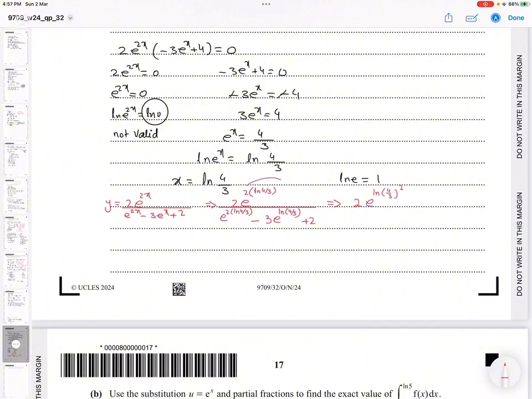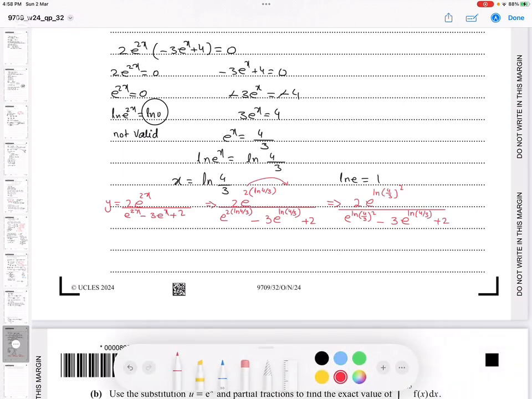This 2 will go up and it will become a square, over e^(ln(4/3)) squared, minus 3e^(ln(4/3)) plus 2.